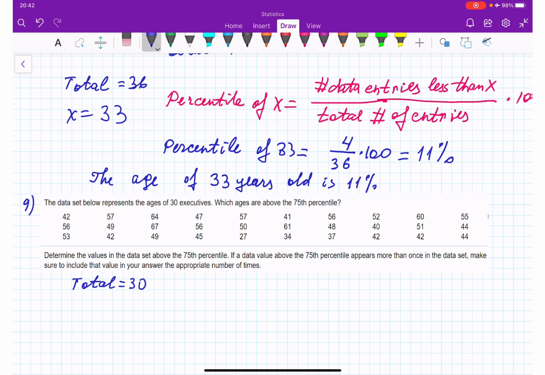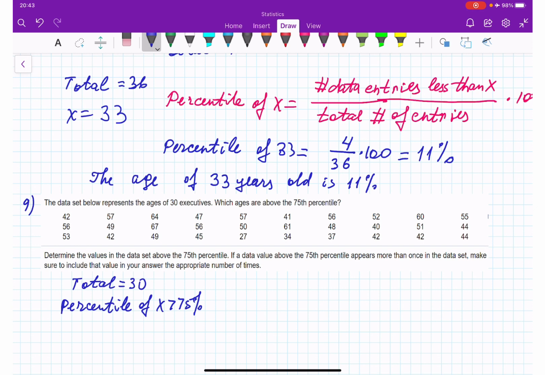Which ages are above the 75th percentile? So we write down the percentile of X is greater than 75%.